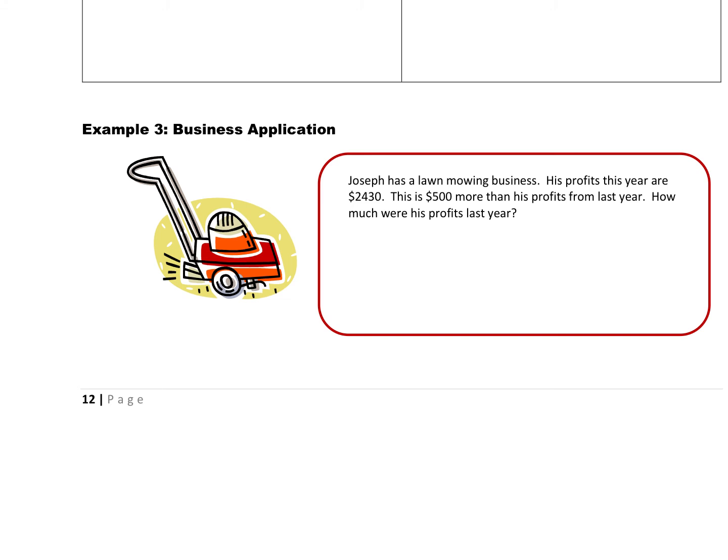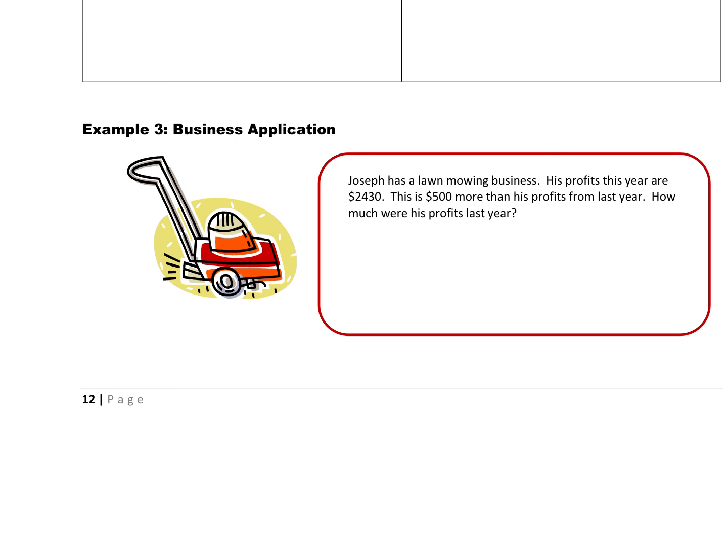In our final example for today, we're looking at a word problem. Joseph has a lawn mowing business. His profits this year are $2,430. This is $500 more than his profits from last year. How much were his profits last year?